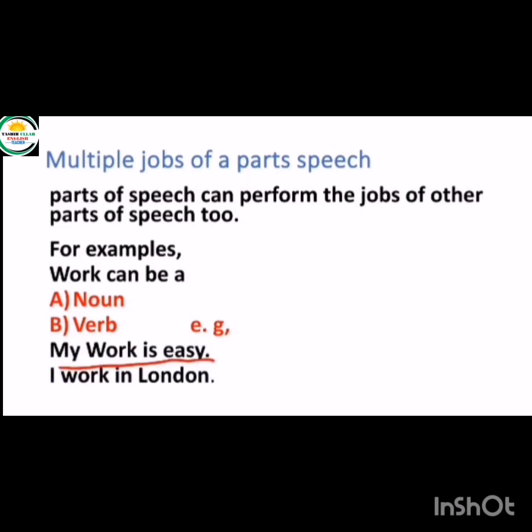Here work is used as a noun because it is used as the subject of the sentence, and you know that a subject of a sentence is always a noun. As you can see, it is preceded by the possessive adjective my, and you also know that a possessive adjective is always followed by a noun. So here work is used as a noun.